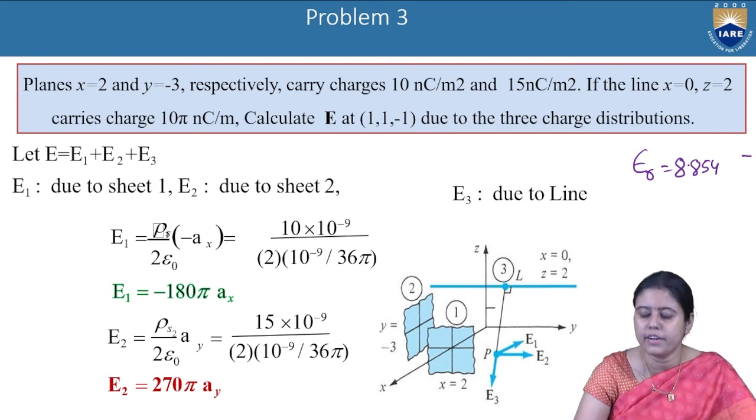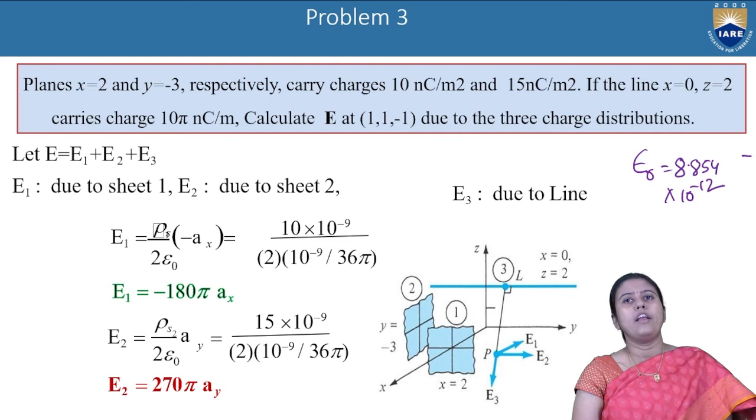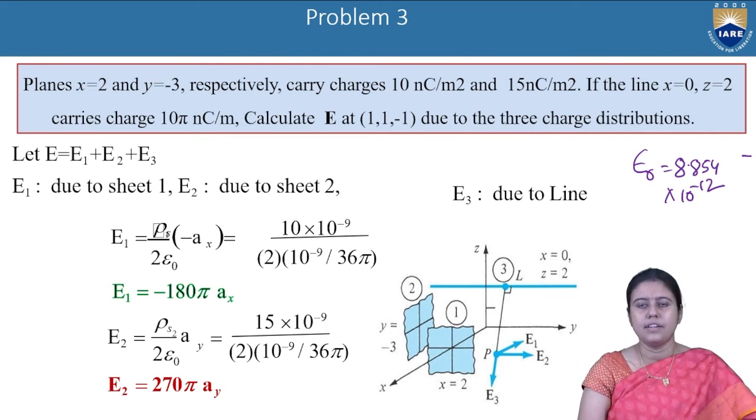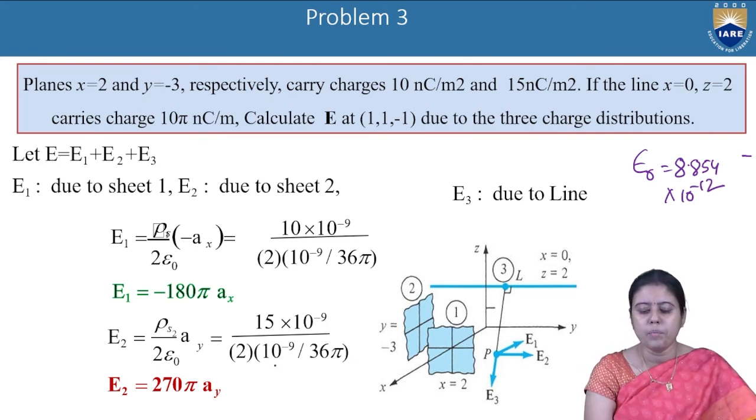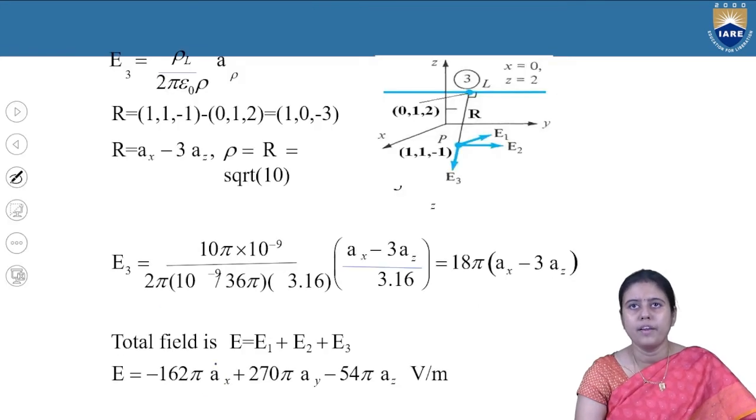You can put 8.854 into 10 to the power minus 12. This value also gives the same result. So, what is this? 2 epsilon 0. After solving, E2 is equal to 270 pi AY.